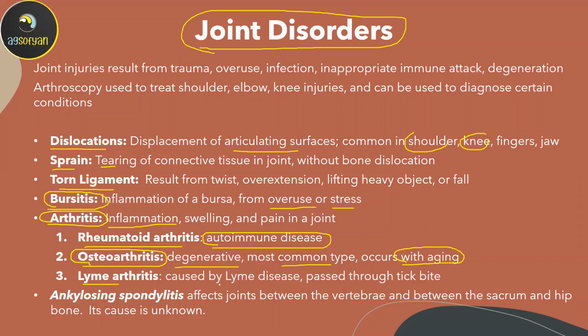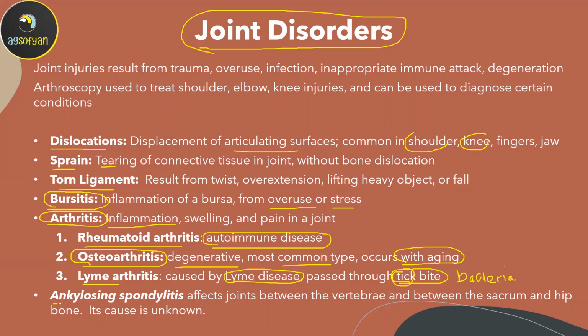Lyme arthritis, or Lyme disease, is because of infection by bacteria, and this bacteria is carried by the tick. Usually the bacteria is transferred from animal to human by a tick bite.